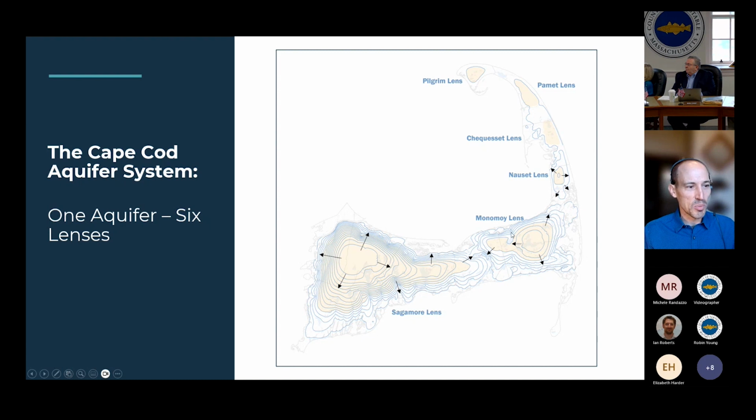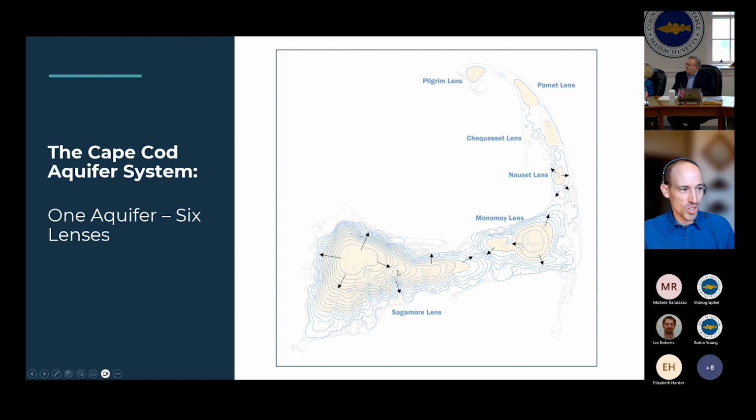And really, the point that I hope this makes is that we talk about the Cape Cod aquifer system as a single aquifer, as a sole source aquifer, which I'll get into the details of in a minute, but the six lenses are distinct from one another.